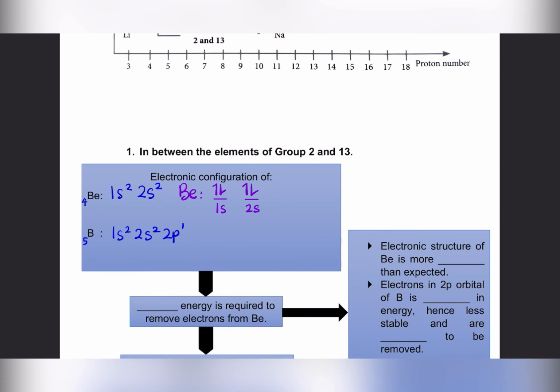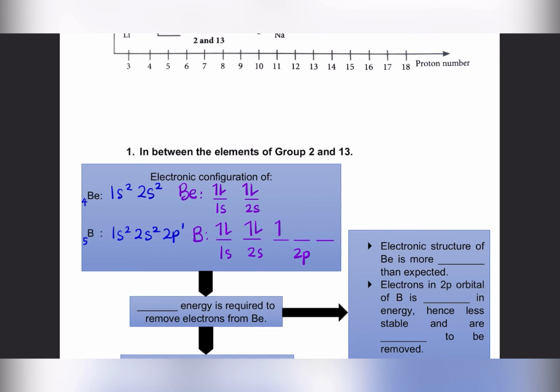And the next one, for boron, I have the symbol for boron, capital B, and I will have 1 line for 1s, 1 line for 2s, and 3 lines for 2p. So now I'm going to label my orbitals as they are, and I'm going to fill the electrons: 2 electrons in 1s, 2 electrons in 2s, and 1 electron in 2p.